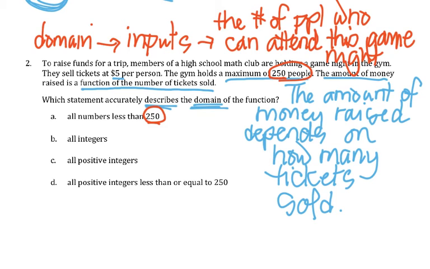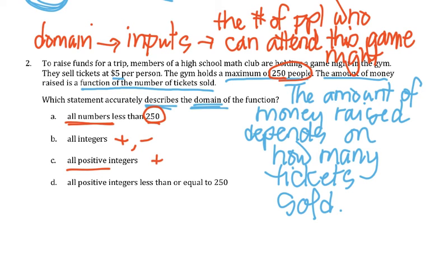So all numbers. Ooh, when we talk about all numbers, we're talking about fractions, negatives, below 0. Okay, I don't know about that. All integers. Well, remember, integers are positive and negative numbers. All positive integers. Ooh, I like that, right? Because when we're talking about people, we're not talking about negative people.